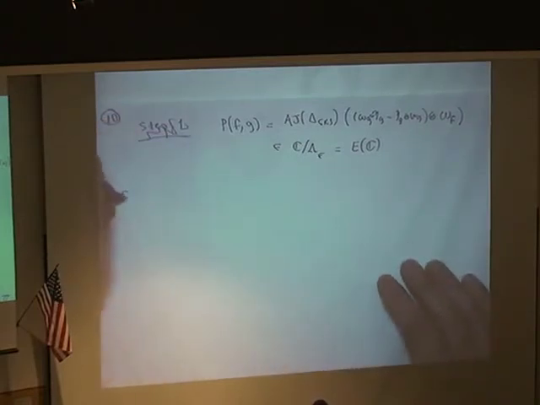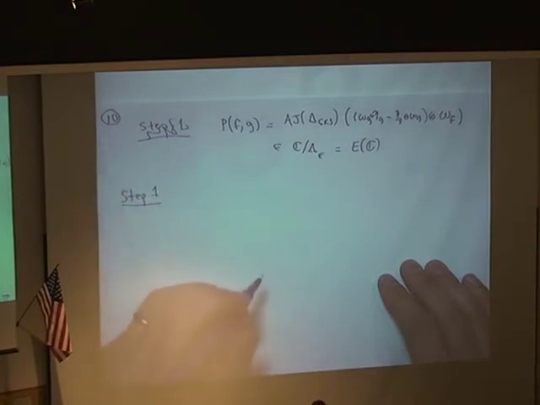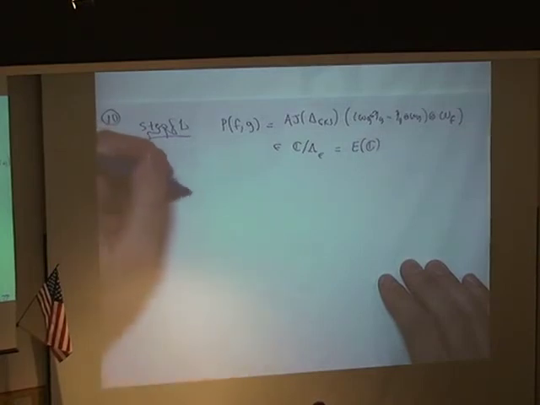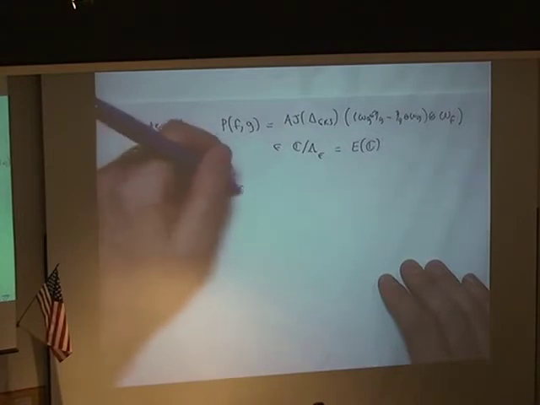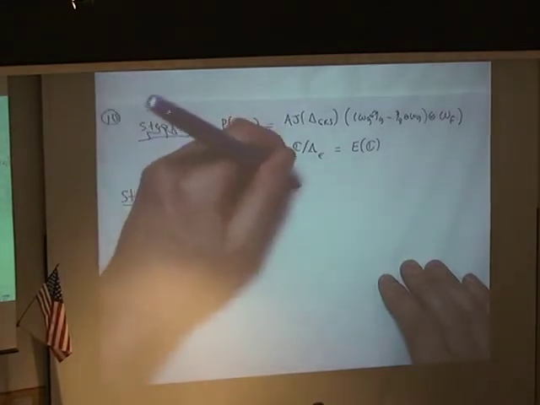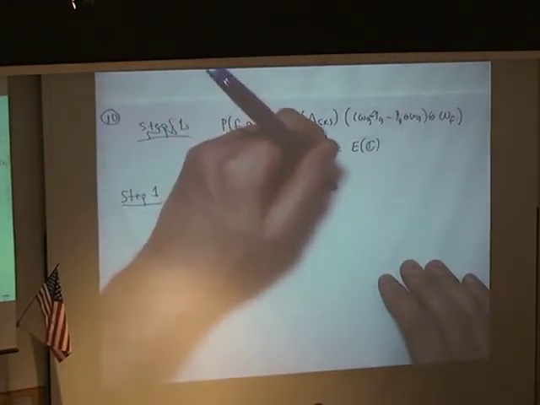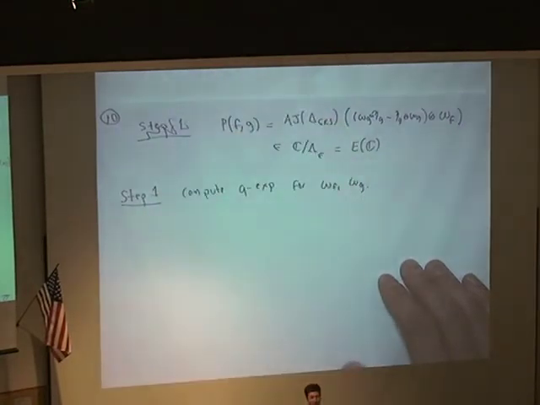So how do we compute this expression in practice? The first step in the algorithm is to compute q-expansions for omega f and omega g. This is a standard calculation.